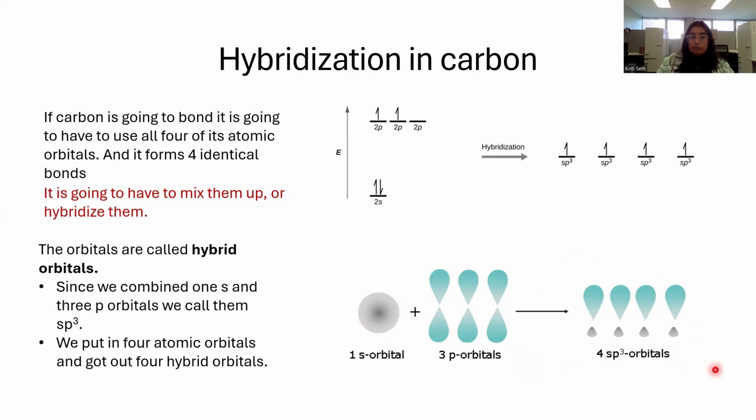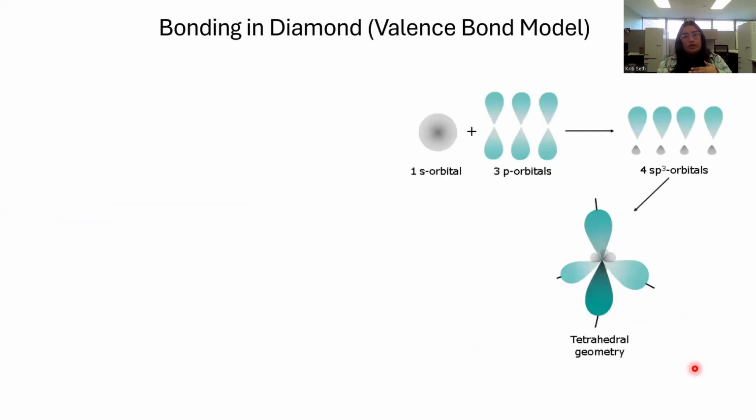These are called hybrid orbitals, and since we combined 1 s orbital and 3 p orbitals, we call them sp3, right? So this number indicates however many p orbitals there were. Say we combined 1 s and 2 p, that would be sp2, and we'll see those cases later on. So we put in 4 atomic orbitals, we got out 4 hybrid orbitals.